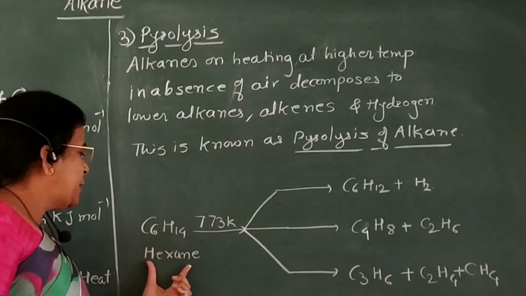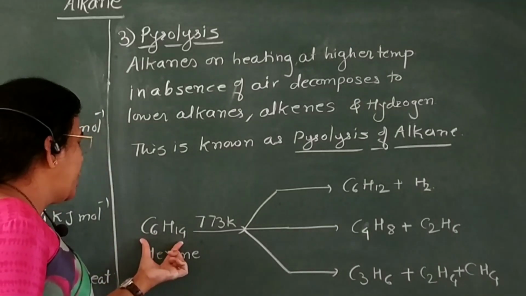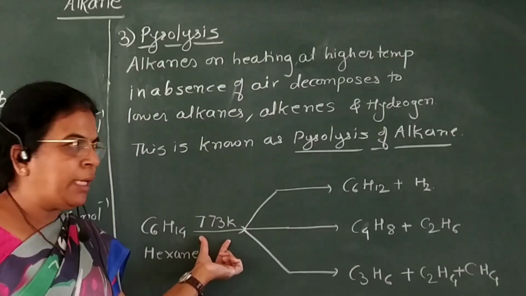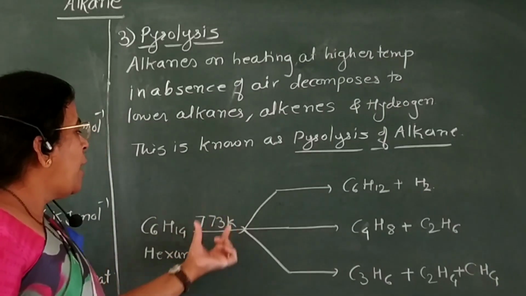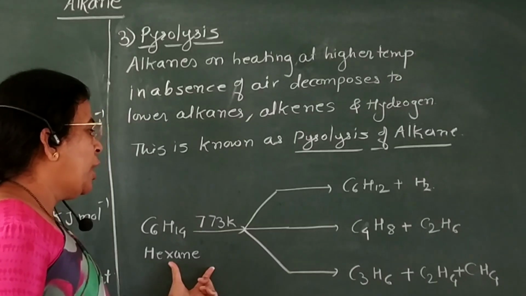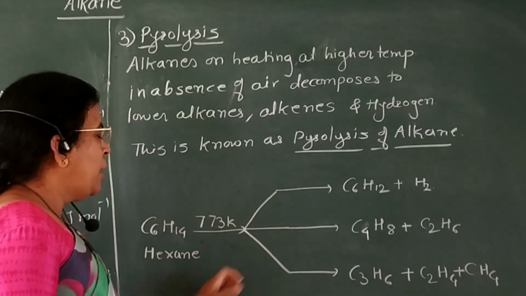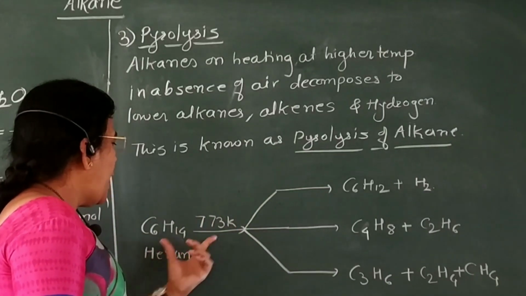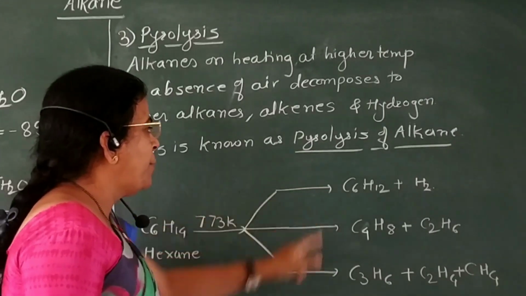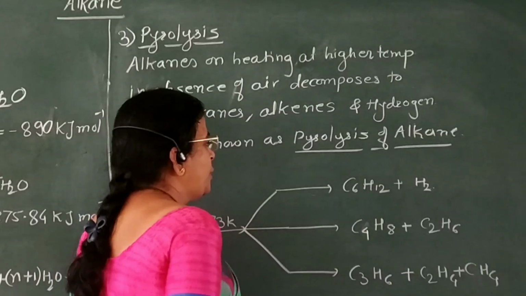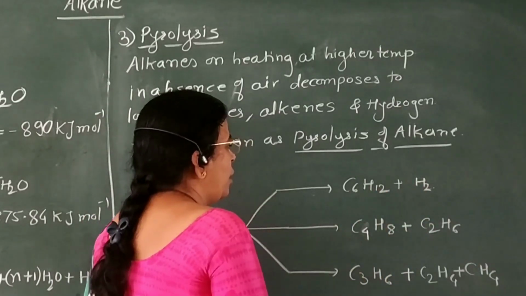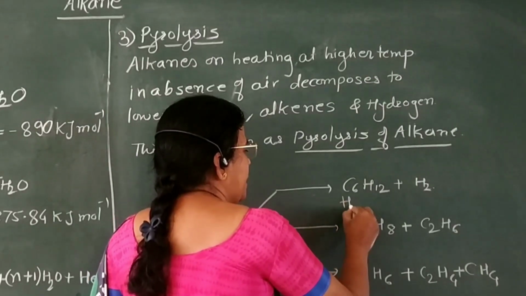When hexane, that is C6H14, is heated at about 773 Kelvin temperature, then it undergoes decomposition in various ways. First, formation of C6H12 plus H2. This C6H12 is nothing but hexene.